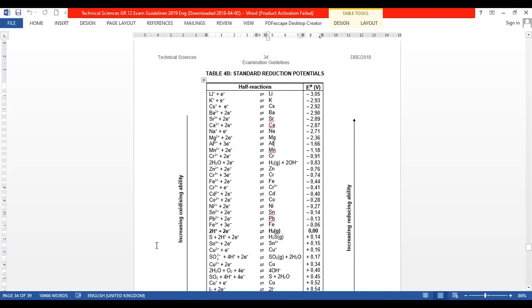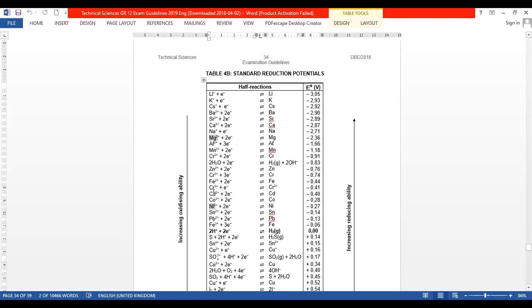Let me give you an example. Let's say I connected a magnesium half cell with a nickel half cell. Can you see? Magnesium is on top and the nickel is at the bottom. In other words, nickel loves reduction more than magnesium.